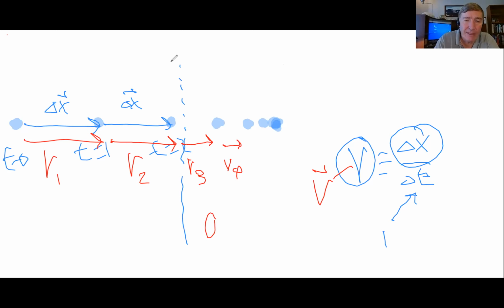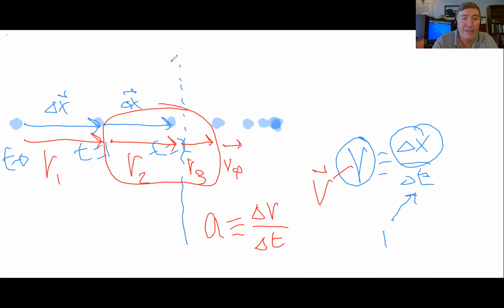Okay, so acceleration is defined as the change in velocity divided by the change in time. So let's look at this time period here, in between the second and the third second. Delta V means, actually, hang on a sec, let me clear some space here.